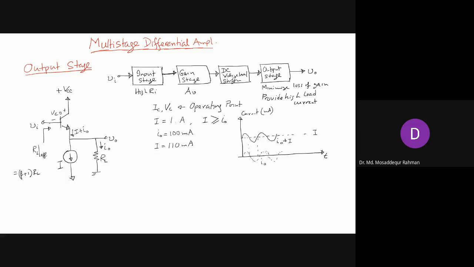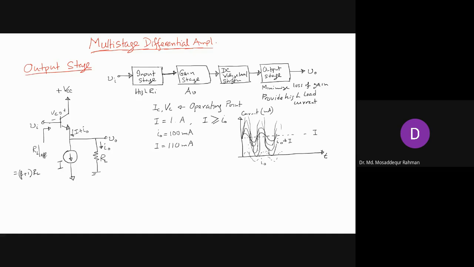Now, if your load demands larger current, it will go like this, right? The total current will vary like this. If it demands even higher current, it will go like this, right? If I naught increases, it will go like this. For larger load current, it will go like this, right?